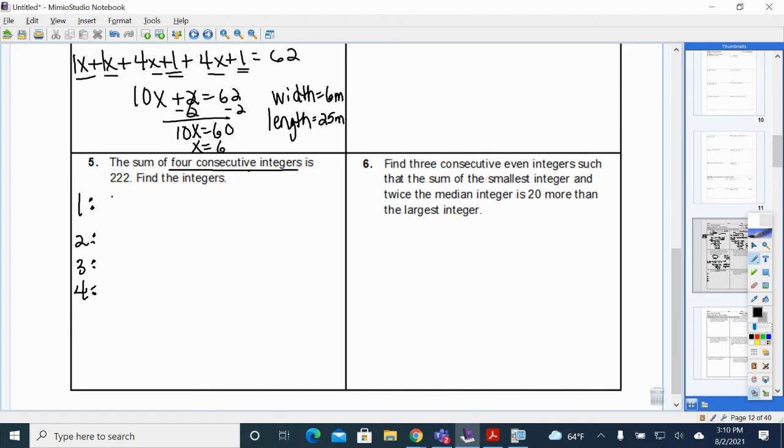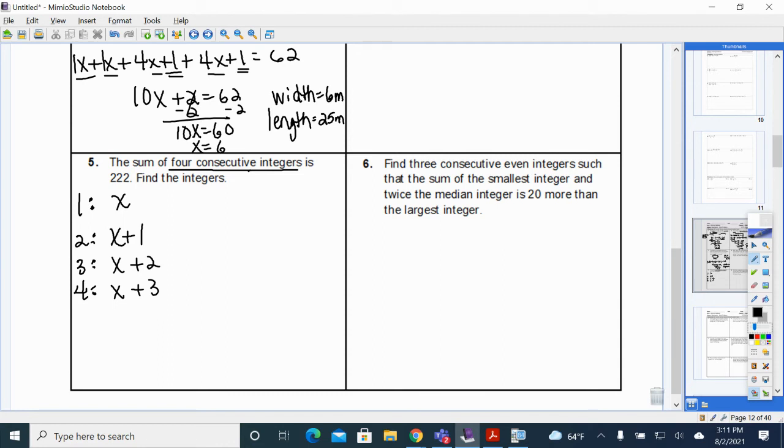The first one, no matter what, is always going to be x. Now, when we think about just plain old consecutive integers, that's one number right after the next, after the next, after the next. So each time we're only going to add one number.